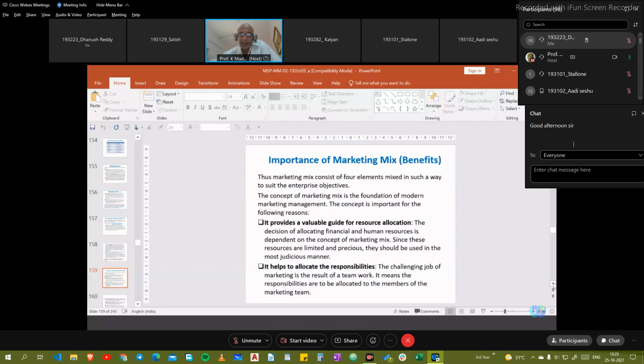And it allocates responsibilities. So people would know what they need to do, what is expected of them. And therefore, there is some sort of a teamwork that is possible, the spirit of working together and understanding each one's role in meeting the objectives, the common goal. It means the responsibilities are allocated to all the members.